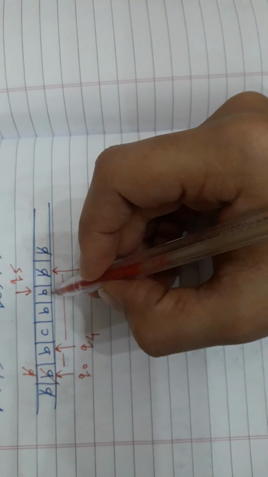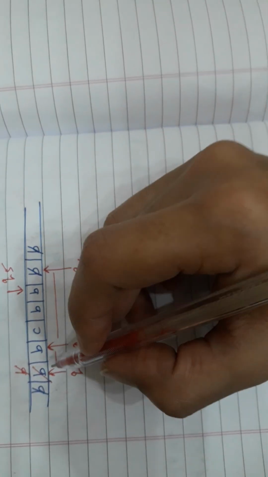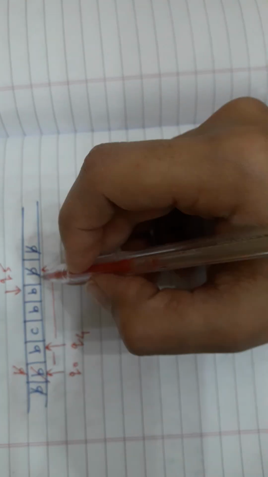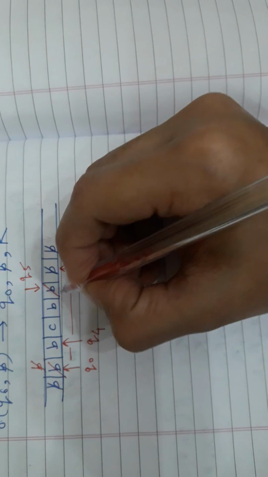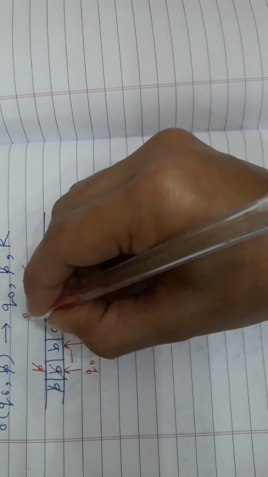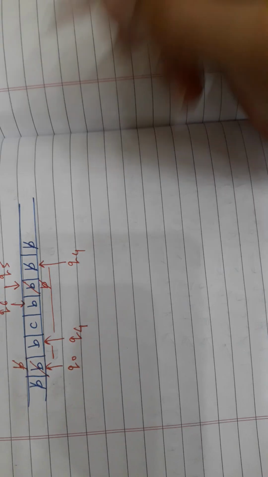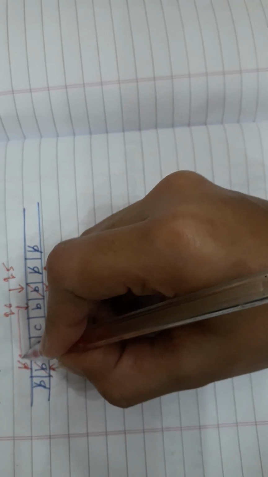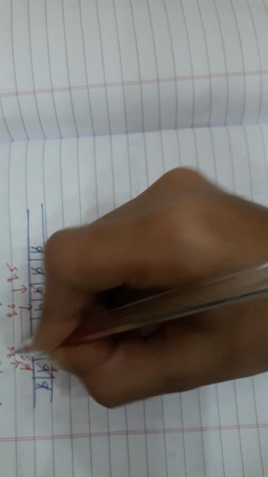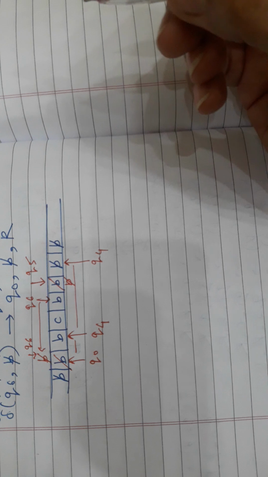If Q5 receives a B, which says that yes, the starting here is the end here, change it to blank and continue the backward journey by making it Q6. Skip all the symbols until you receive a blank symbol here.